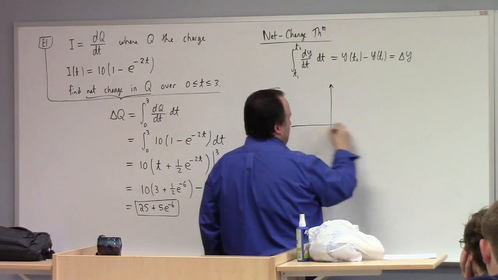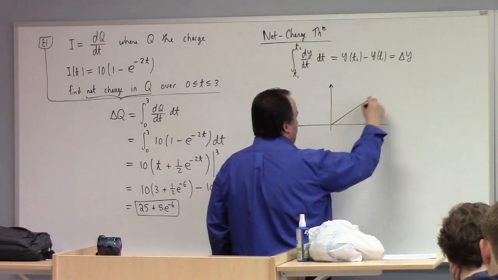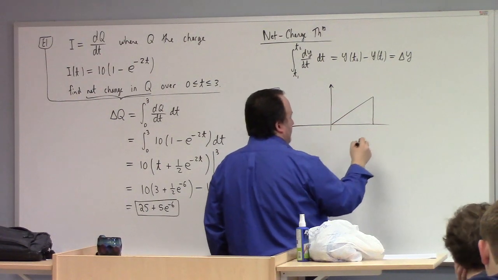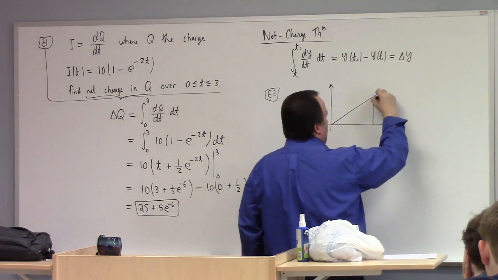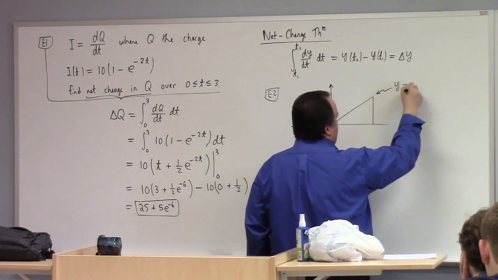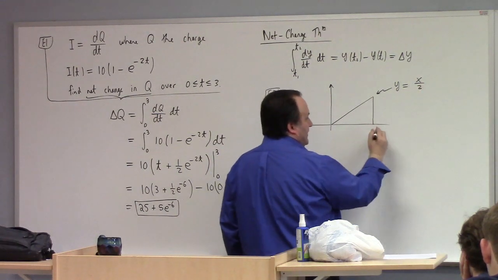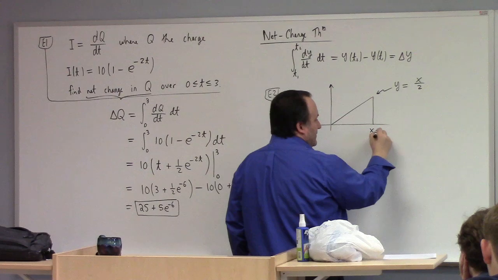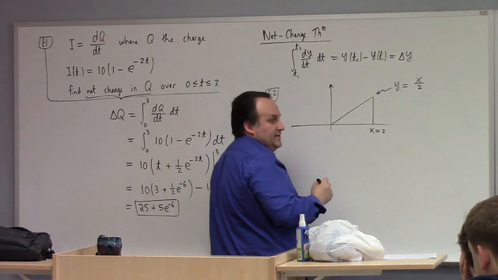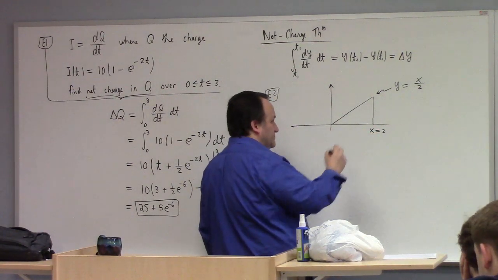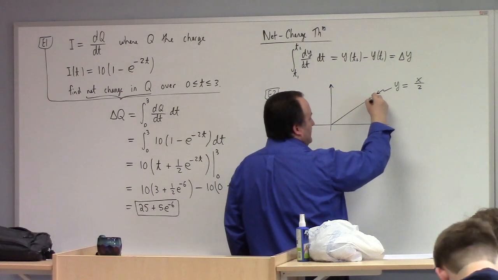Let's say I take this triangle, where the top is y equals x over 2, and it goes all the way over to 2. So that would make this point what?